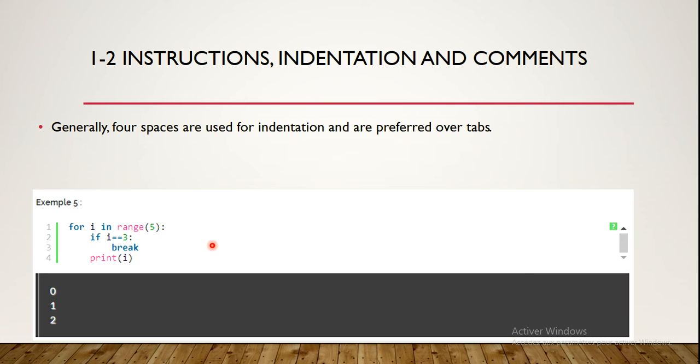Generally, spaces are used for indentation and are preferred over tabs. As you can see here, we use tabs here to arrange and have a good structure for our function.